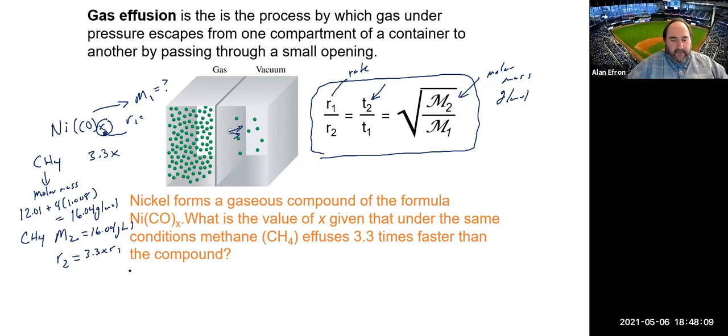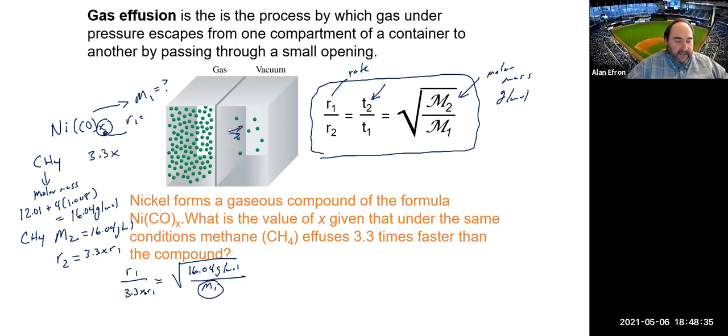we get R1 divided by R2, which is R1 over 3.3 times R1, is equal to the square root of, I called CH4 M2. You could do it any way you want, but I went with this way. We'll get some weird math there. And this is what we're looking for, the molar mass of our compound.